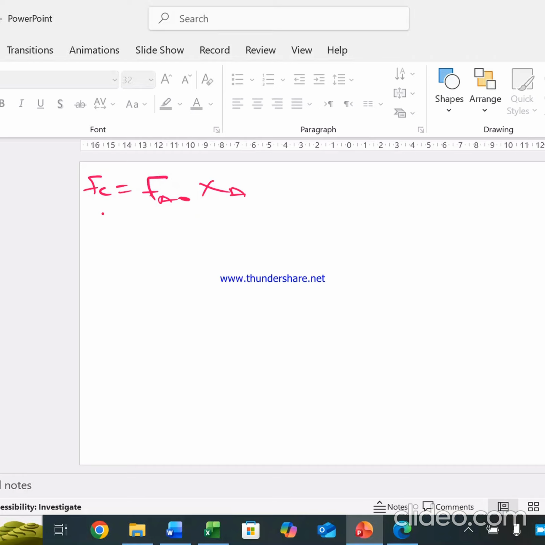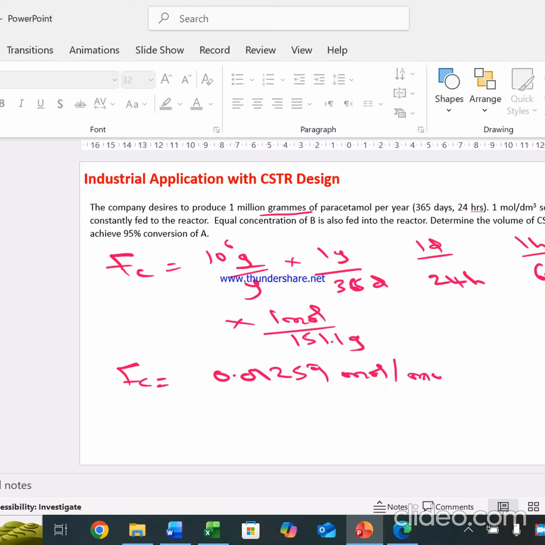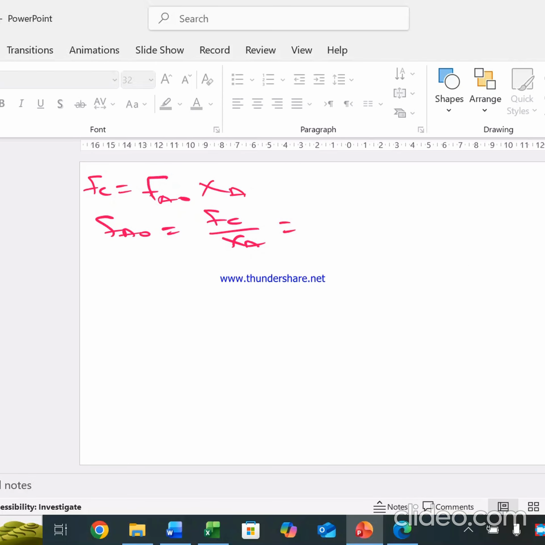So we can use that equation to get our molar flow for the p-aminophenol, which is Fc over Xa, which is equal to 0.01259 divided by 0.95, which is our conversion.